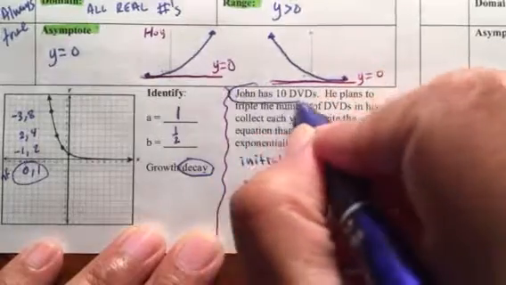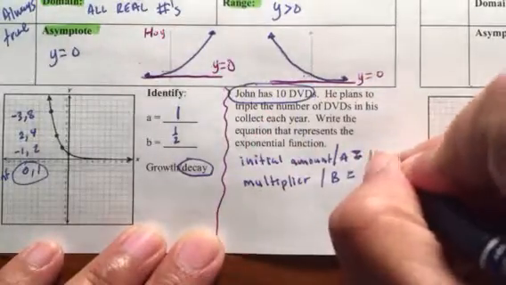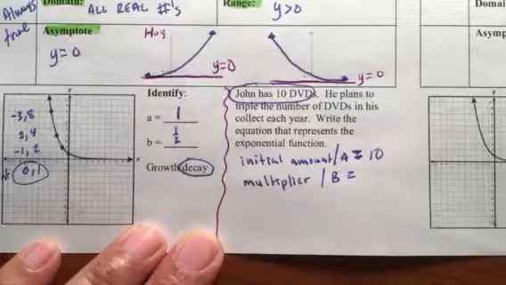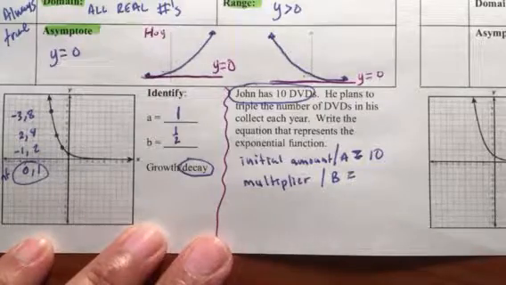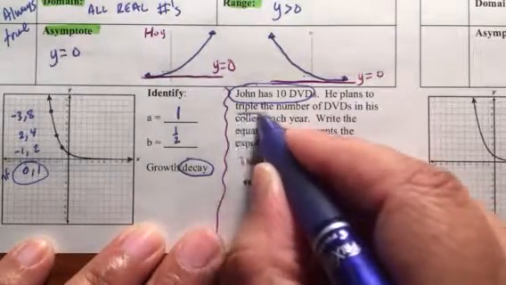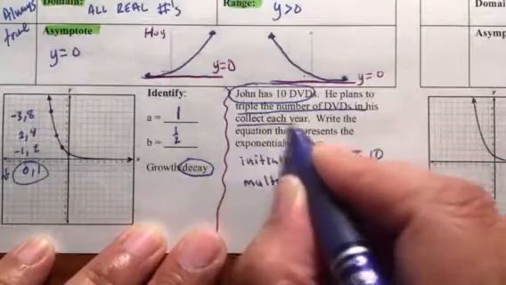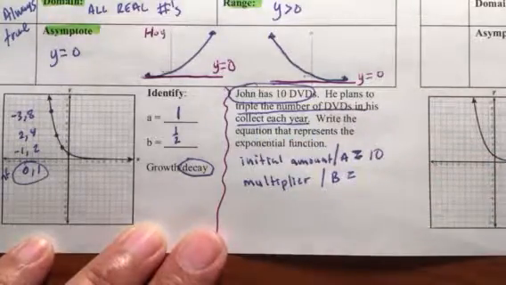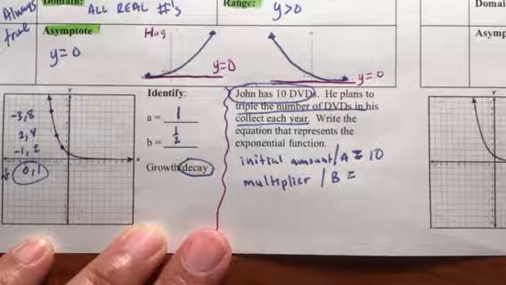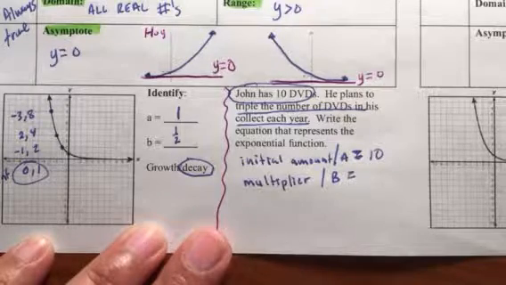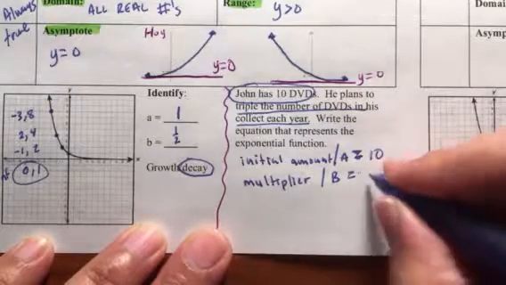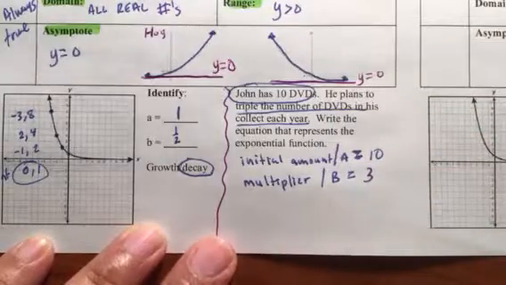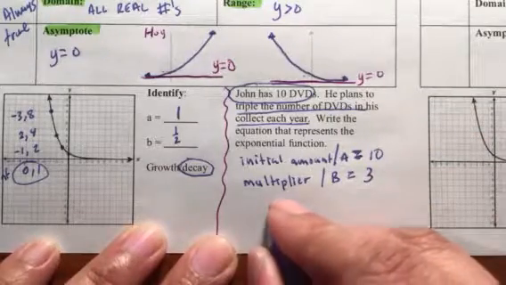So here's my initial amount, 10. My multiplier would be this sentence right here. He plans to triple his amount of DVDs each year. So triple, what does triple mean? Well, that's 3 times the number. So then we write this equation.